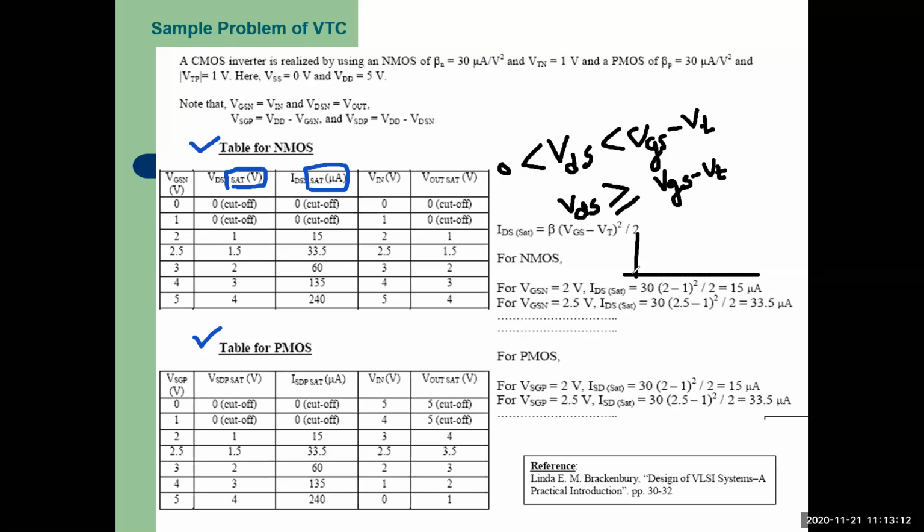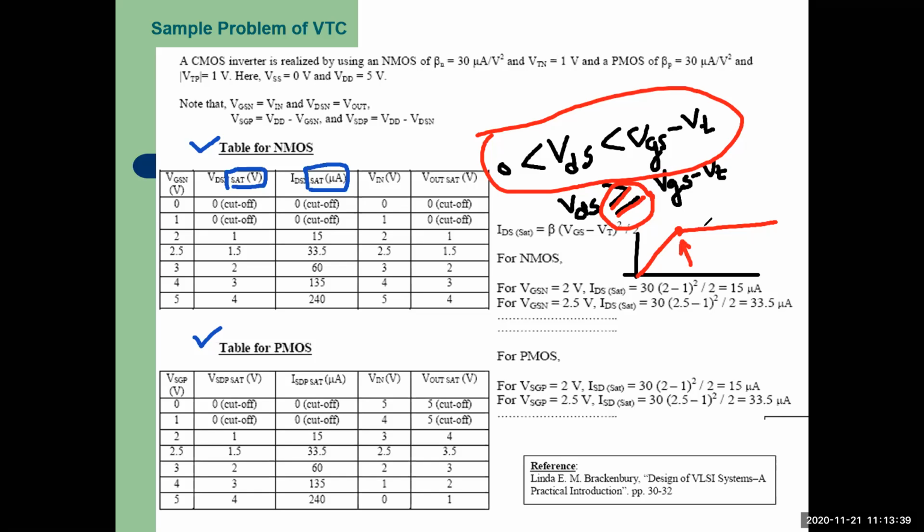So this linear part in this curve is for this one, and the starting point, that means this point, is the equal sign, and after that it is greater than. So we should pick the equal sign. We should emphasize the equal sign. When they are equal, that is the starting point of our saturation.